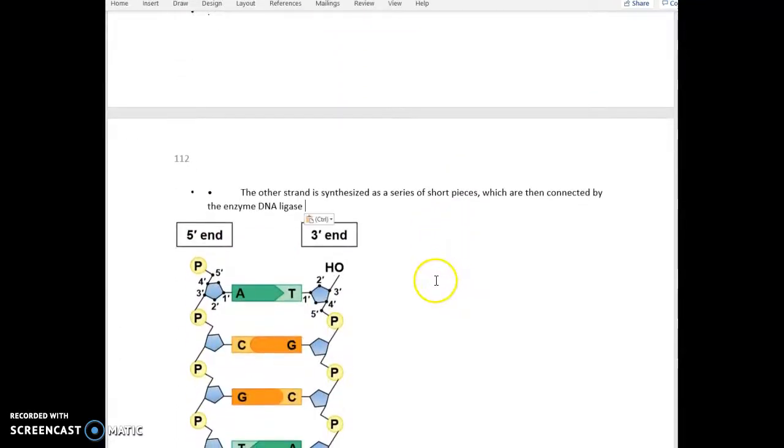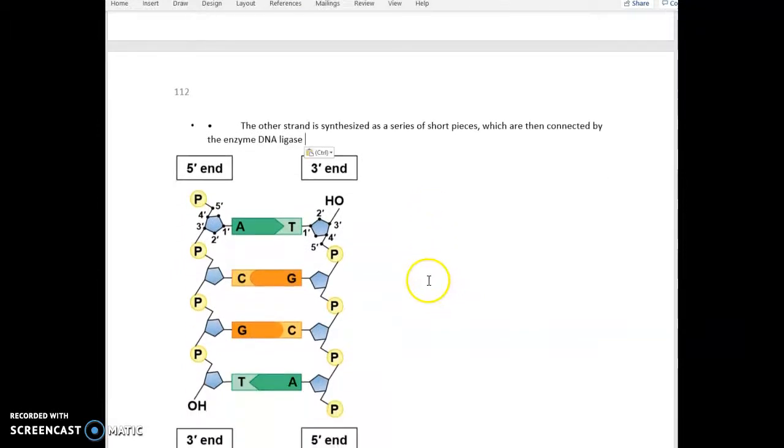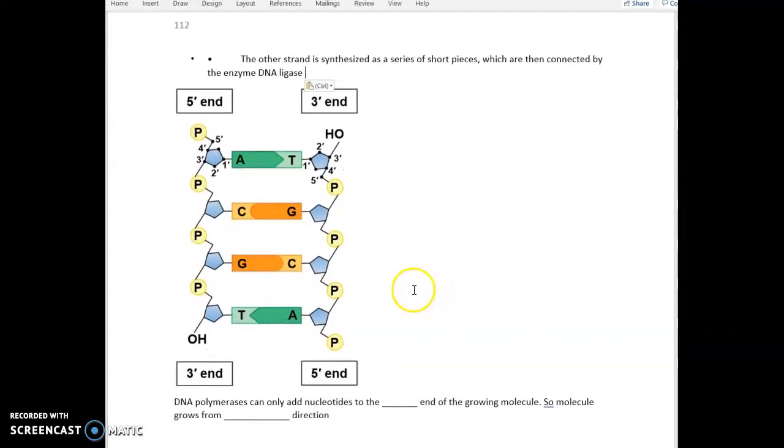Now, the reason for this somewhat complicated problem is that the DNA polymerase can only add to the 3' end. And if we look at our DNA molecule, it has a 5' end. It goes 5 to 3 this way, but the complementary strand goes 5 to 3 this way.